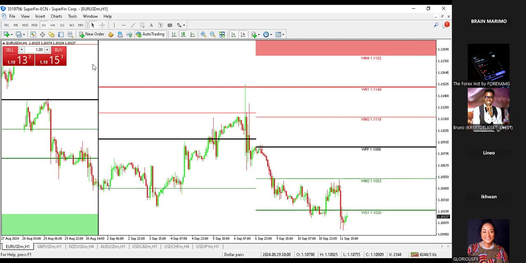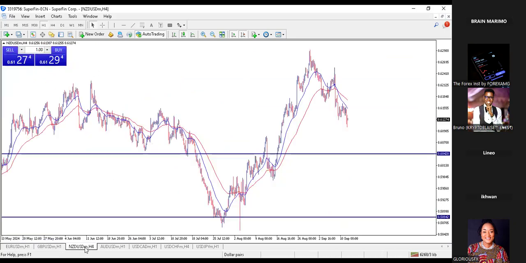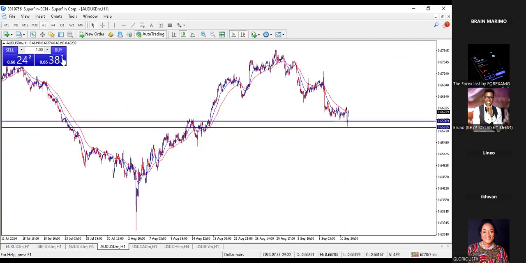See 13, 15, the difference, that's 2 pips. Yeah, that's 2 pips. That's the beauty of commodity pairs. It's like 0 pips. 2 pips. 24 to 38, quite a steep one there. That's 14.